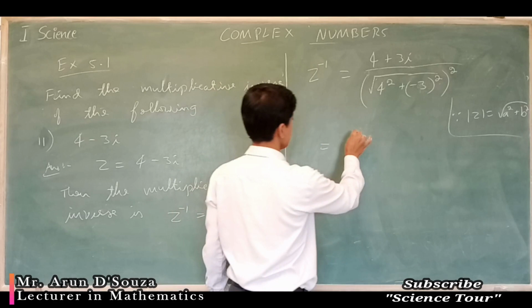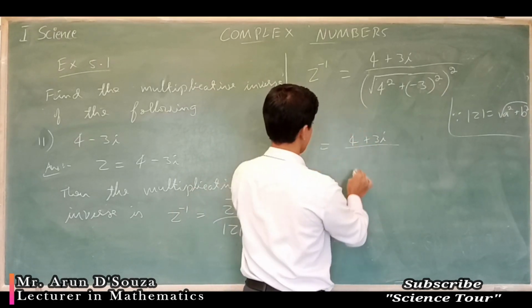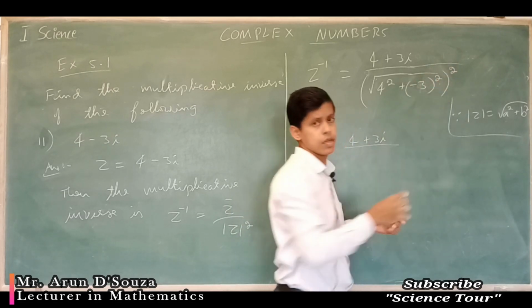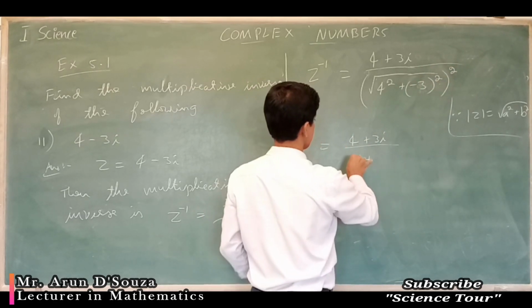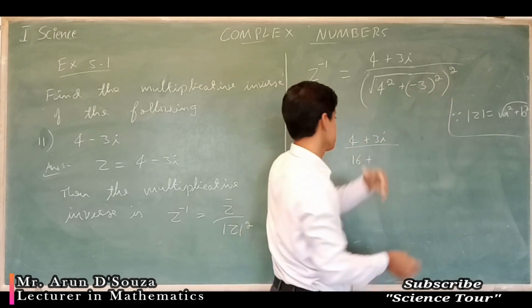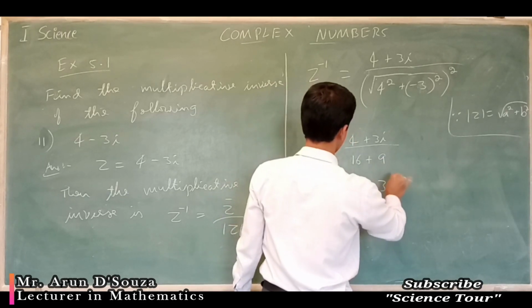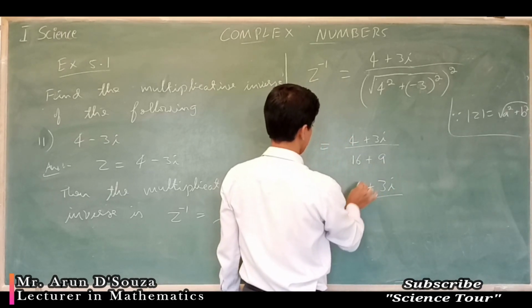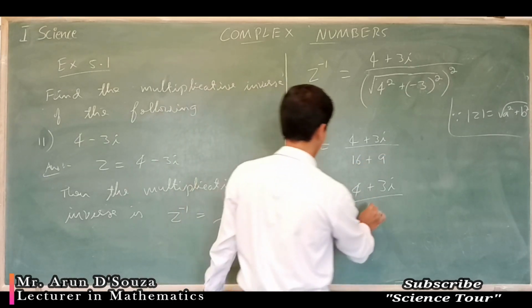So this is 4 plus 3i. Then the square root and the square we can cancel off. So 4 square is 16 plus minus 3 square, minus 3 into minus 3, plus 9. So this is 4 plus 3i divided by 16 plus 9, which is 25.